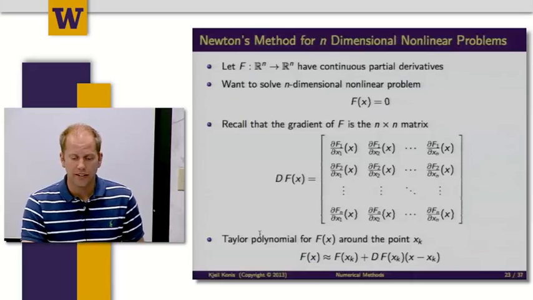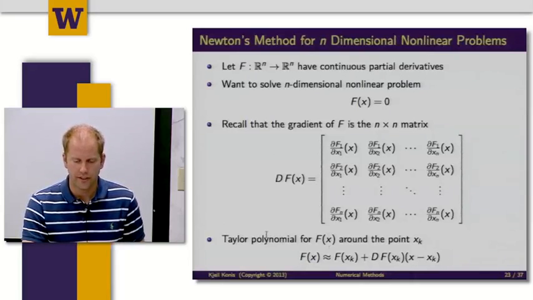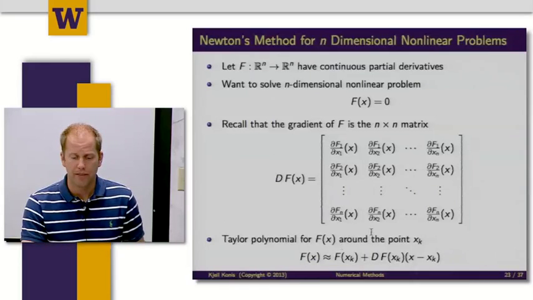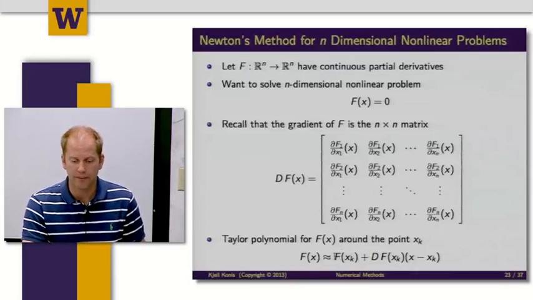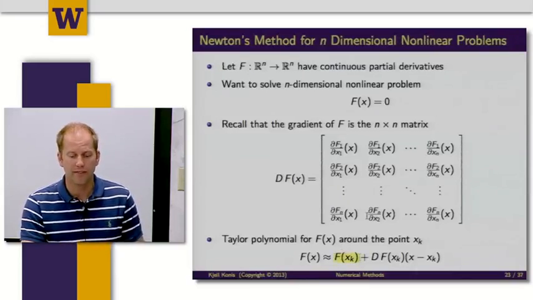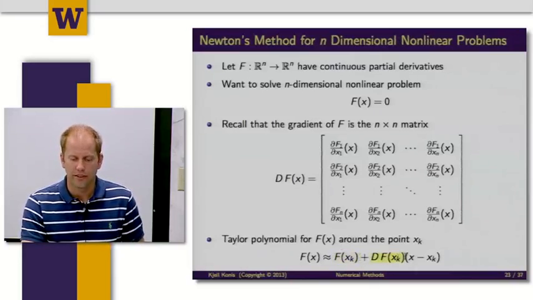So I can make a Taylor polynomial around the point xk, and it looks exactly the same way as it did for the one-dimensional one, except here I have a vector of values. Here I have an n by n matrix.